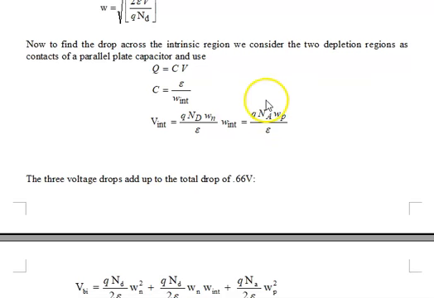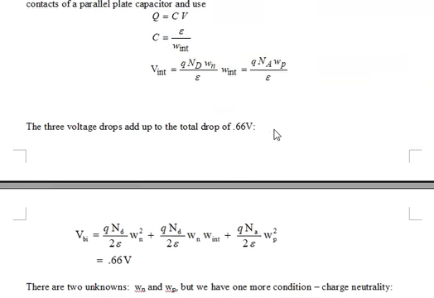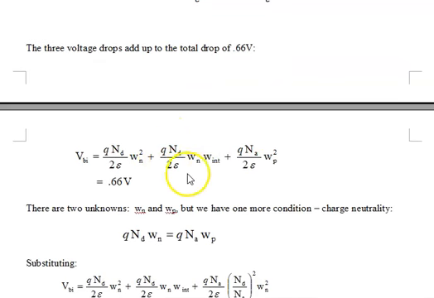Okay. So this is Q, and this is WP, obviously the depletion region in the PIN diode on the P side, which I don't know. And of course, this is epsilon of silicon, which is 10 to the minus 12th. Okay. So that is this guy right here.